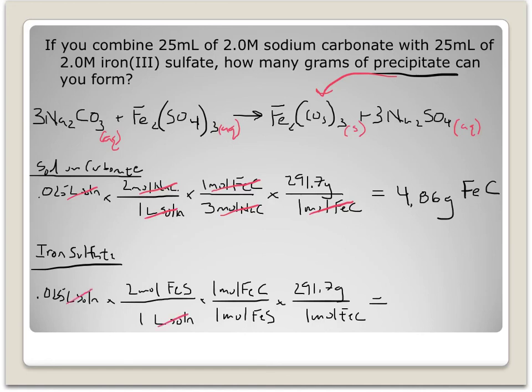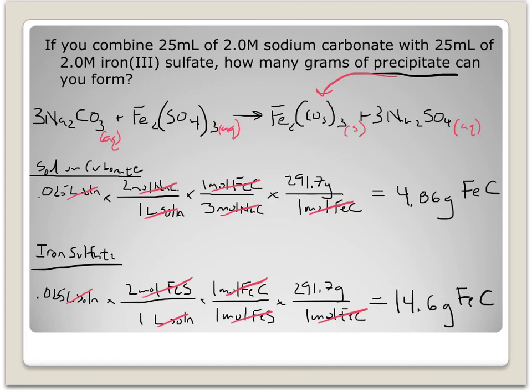Liters of solution cancels out liters of solution. I used FeS to represent iron sulfate. Moles of iron sulfate cancels out moles of iron sulfate. And this is a 1-to-1 ratio because of the balanced equation. So moles cancels out moles. And we can now solve for grams as 14.6 grams of iron carbonate.